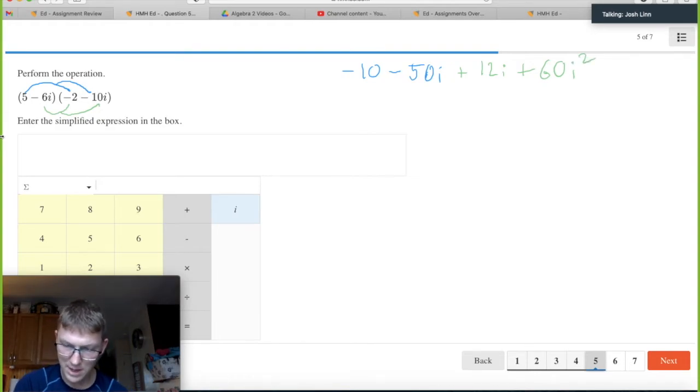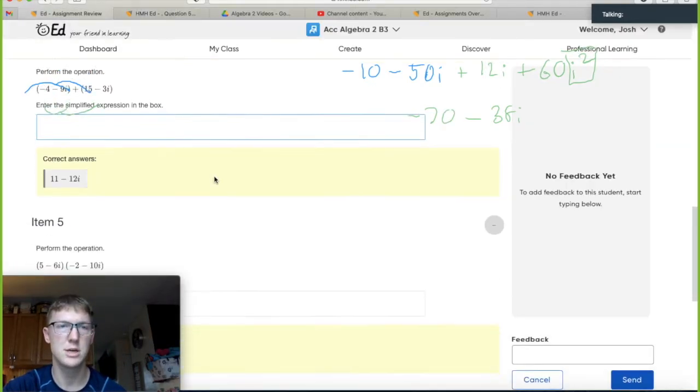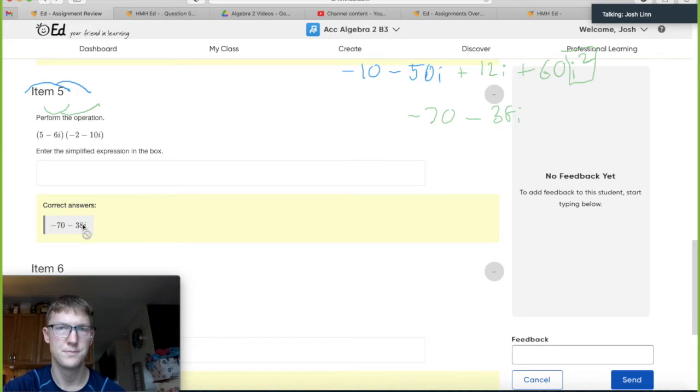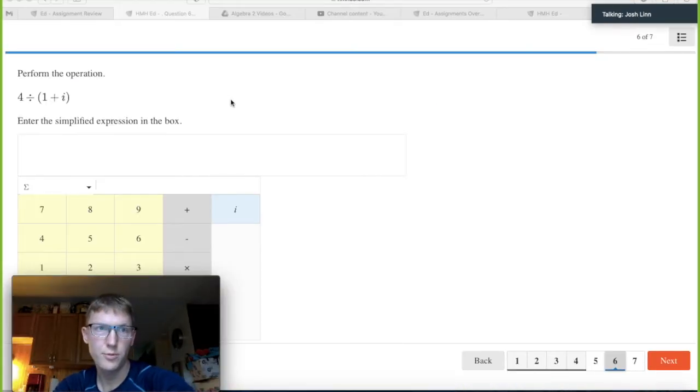So now we're going to combine like terms. Remember, i squared is going to turn into a negative 1, and we're going to have a negative 38i, and then a negative 70. Just to double check. There you go. So we did multiplication.